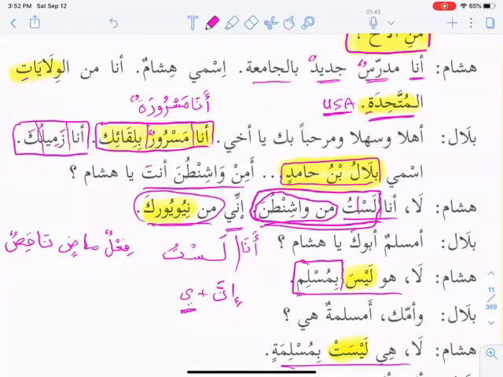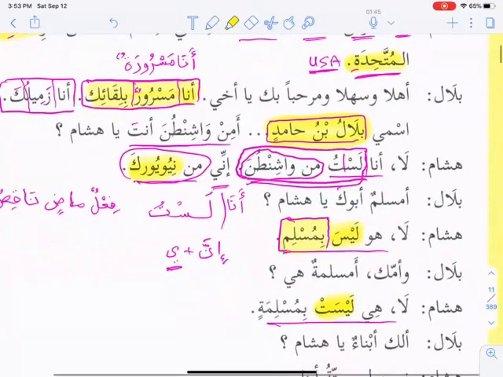Dr. Abdurrahim doesn't explain it, and I think I should not go into that detail. So what is the translation? La, huwa laysa bi muslimin. He is not a Muslim. But see here the khabar of laysa: how is it? Bi muslimin.